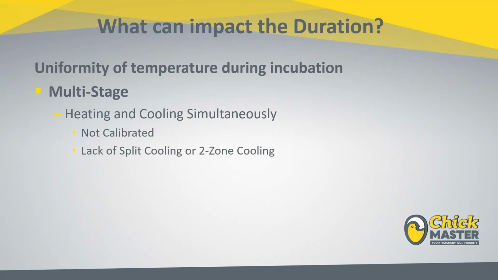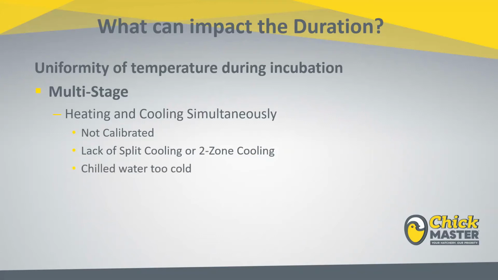Oftentimes a lack of split cooling or two-zone cooling, meaning that the front of the machine may require cooling, which can overcool the rear of the machine. So you'll see the front cool, and then immediately the rear of that machine cycles heating. And so again, you get into the heating and the cooling fighting itself, creating that lack of uniformity.